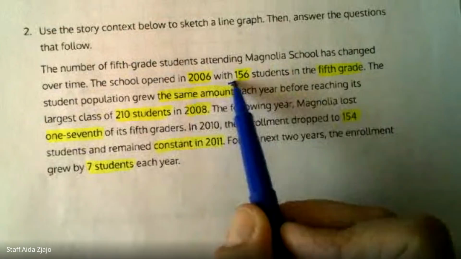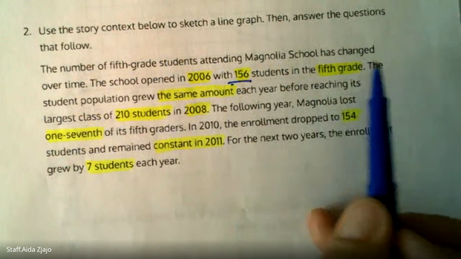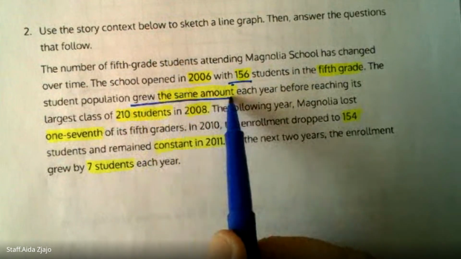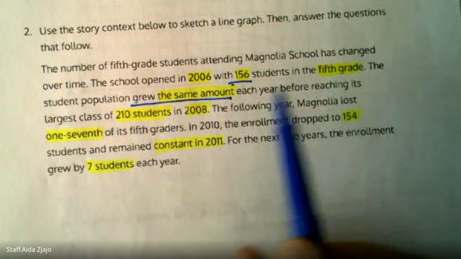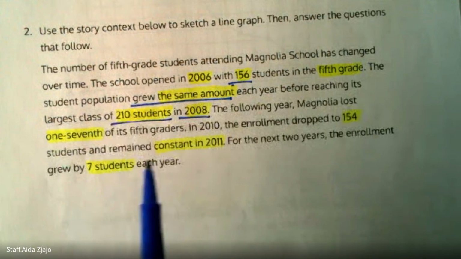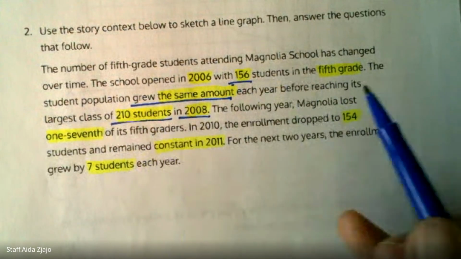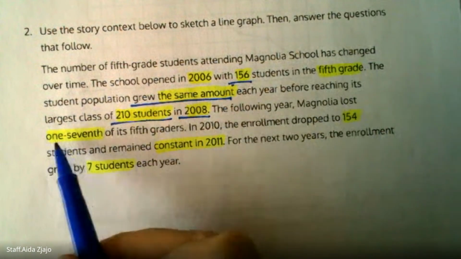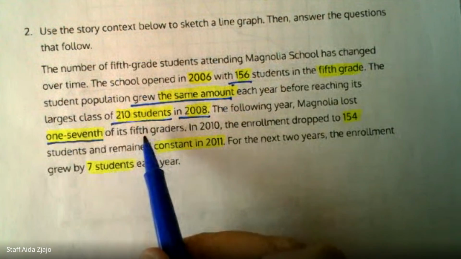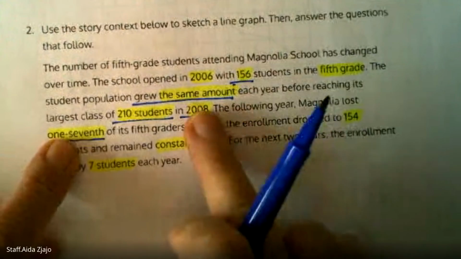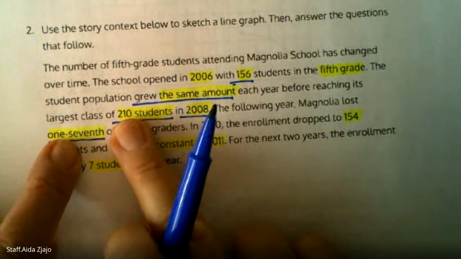We start with 156. Then the next 2 years they grow the same amount, 27 students, and in 2008 it was 210 students. Now the following year, Magnolia lost 1/7 of its 5th grade students, 1/7 of this 210.